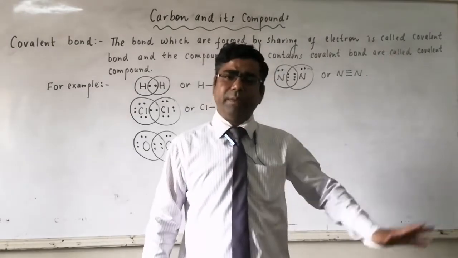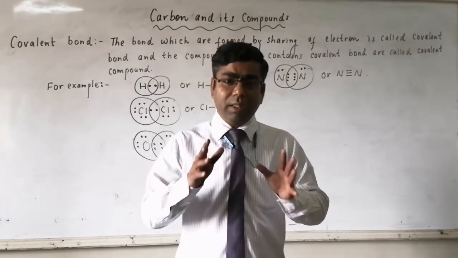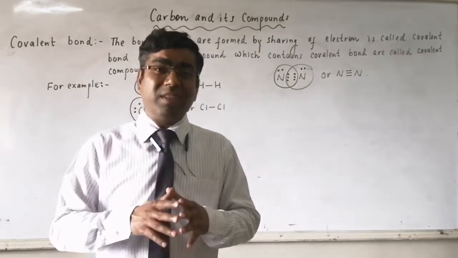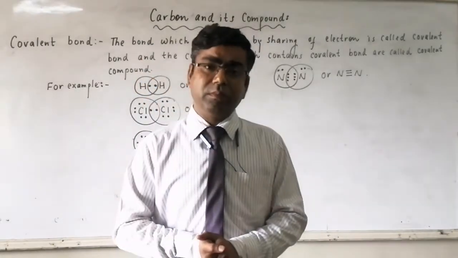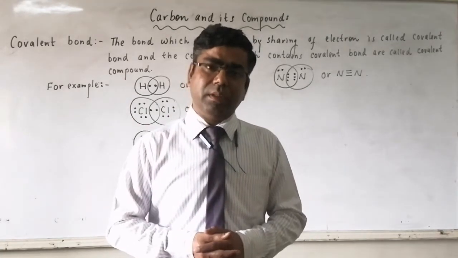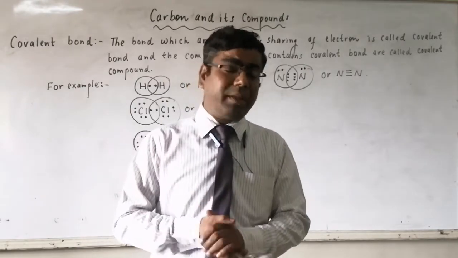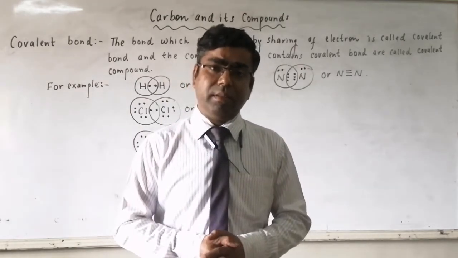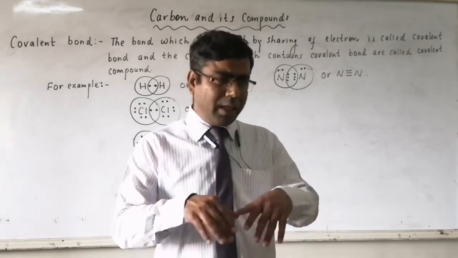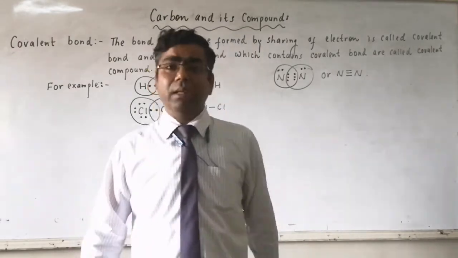All the noble gases are stable, because except helium, all the noble gases have 8 electrons in their valence shell. Noble gases are inert in nature. They are not involved in bond formation with any other elements by gaining or losing or by sharing, because they have 8 electrons in their valence shell.